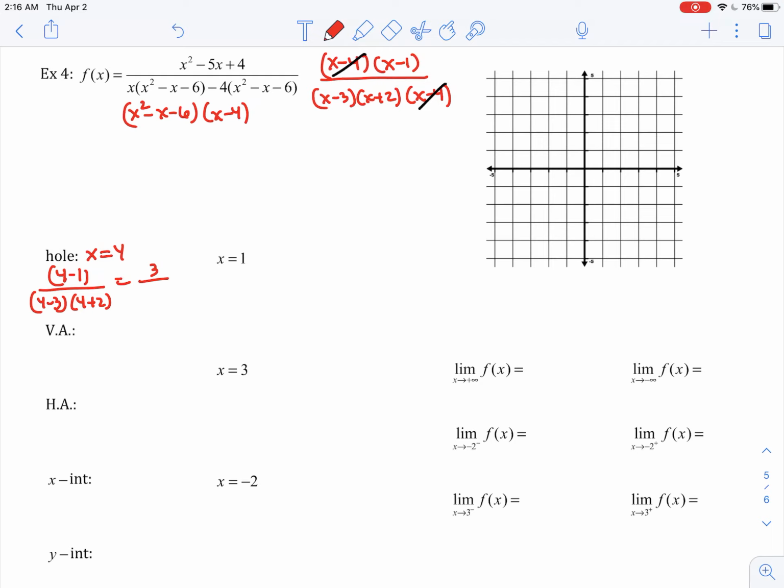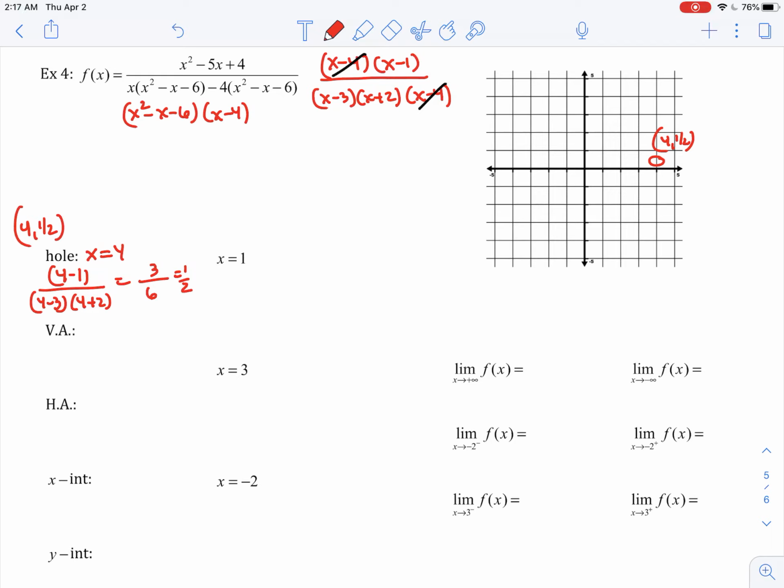And I get 3 over 1 times 6, so 3 over 6, and I get 1/2. So we will have a hole in our graph at (4, 1/2). And I'm just going to plot that over here right now. So we are going to have a hole in our graph, and that is that (4, 1/2).